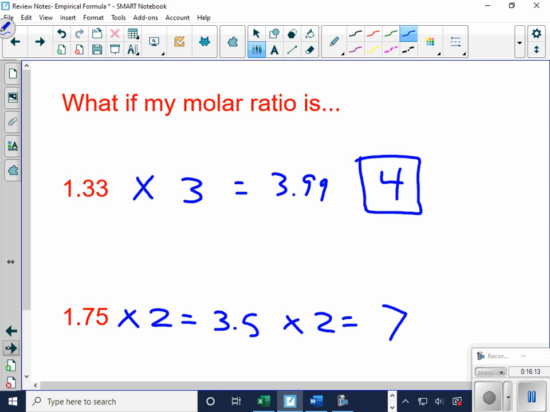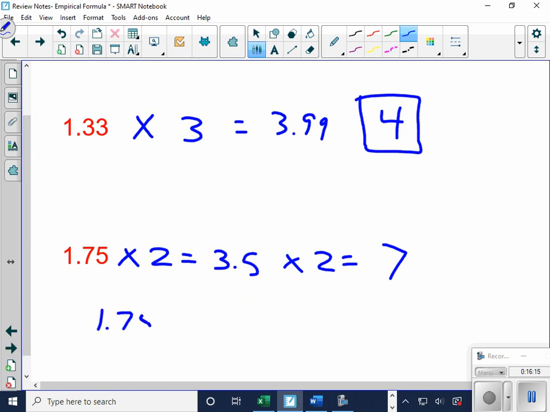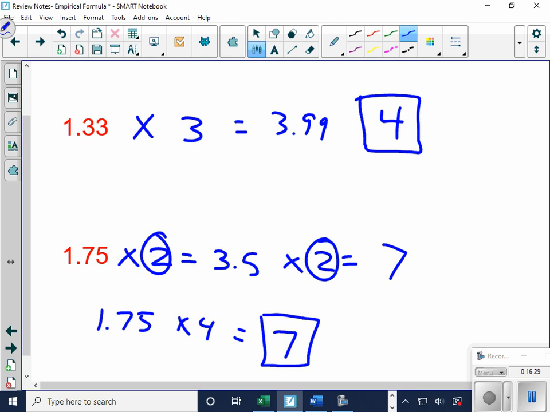So basically, what I'm doing is taking 1.75, multiplying it by 4, because that's that second 2, and that gives me 7. So basically what I have to do when I get those points is determine what number I need to multiply by in order to get that whole number. Okay? Make sense?